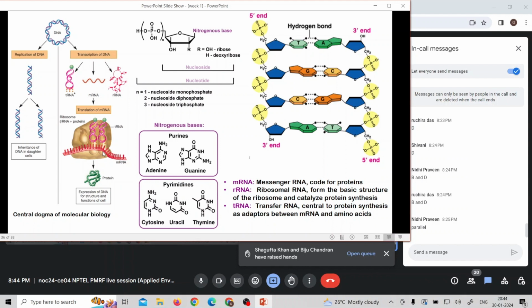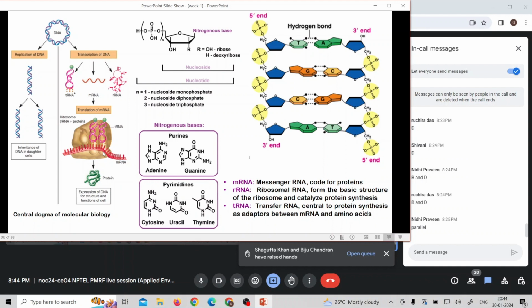As it is going to give two copies of itself, which is essential in cell division, when cell division is going to happen, both the daughter cells have to get the genetic information. So we need two copies. So this replication process is going to provide us with two copies of the same DNA.